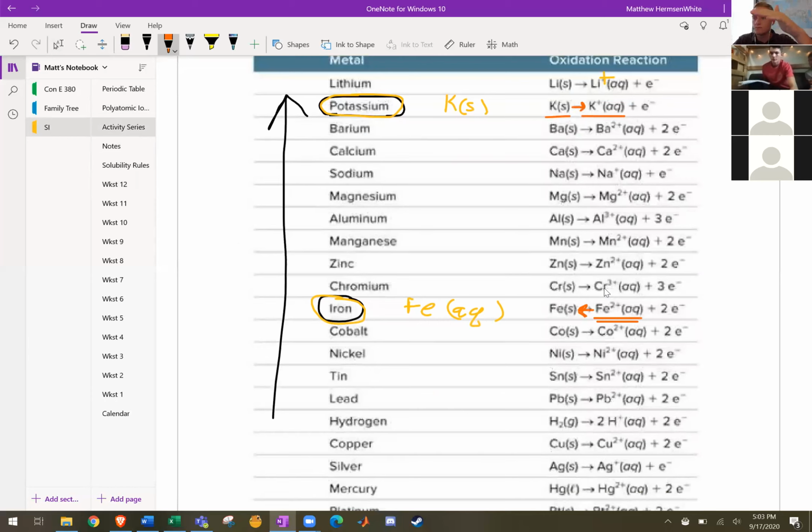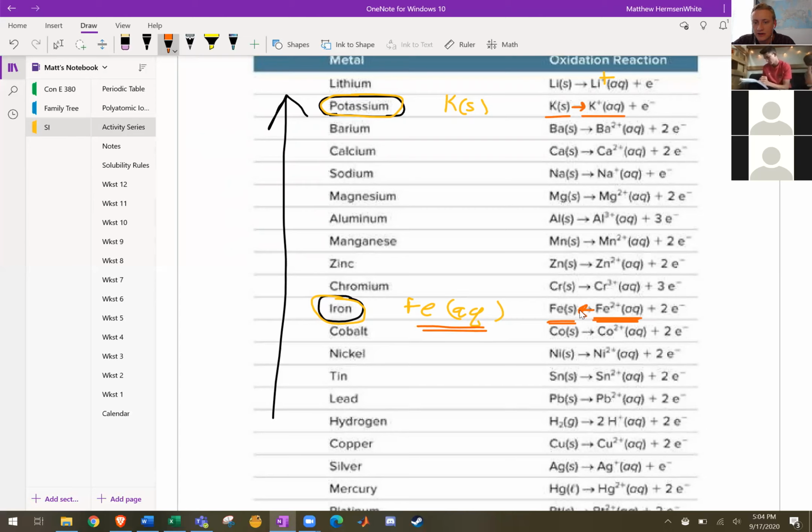They're just going opposite. So is it always the aqueous that runs backwards? Yes. The aqueous one is going to go from aqueous to solid, and the solid one is going to go from solid to aqueous. You can remember this by looking on here. We were given an iron that is aqueous, so that is right here on the right side.